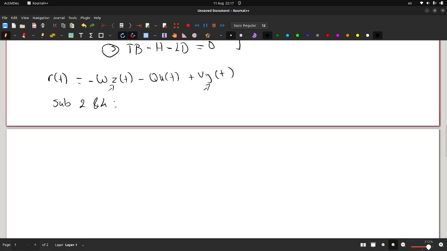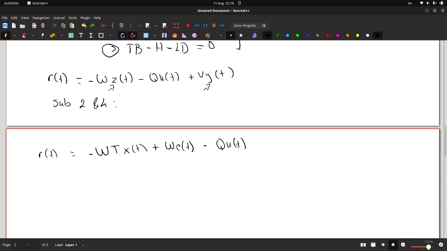Substituting 2 and 4, we have R of t equals negative W times T X of t plus W E of t minus Q U of t.